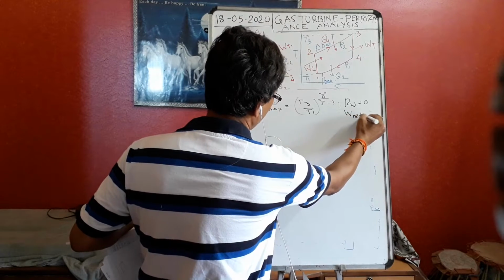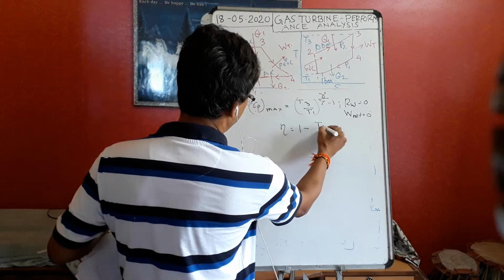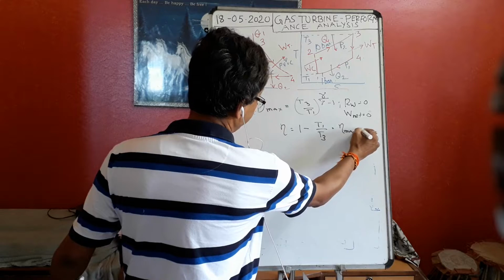W net is equal to 0, but efficiency is equal to 1 minus T1 by T3. This is the maximum, eta maximum, or we are calling it eta Carnot.